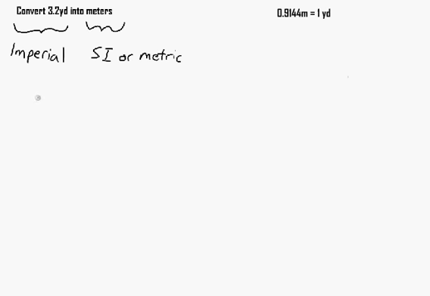So what I'm going to do is use proportionalities, or proportions and ratios, to solve this. What you do is you set up a ratio for yards to meters.